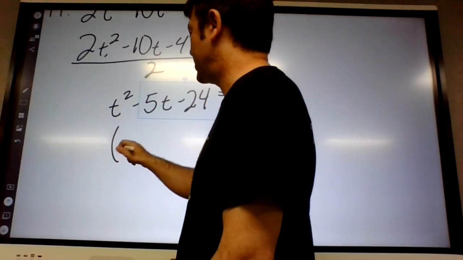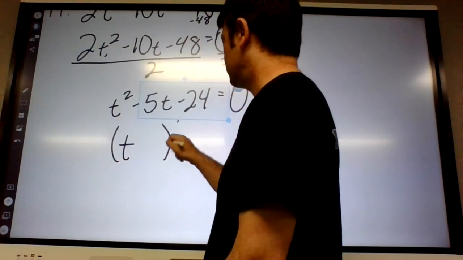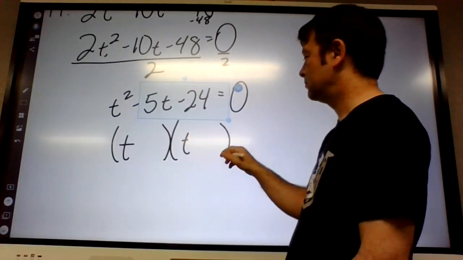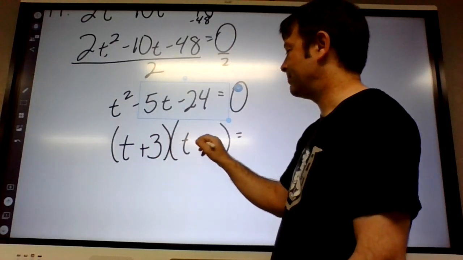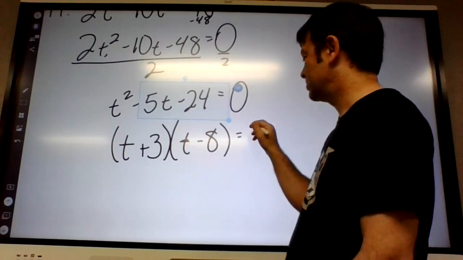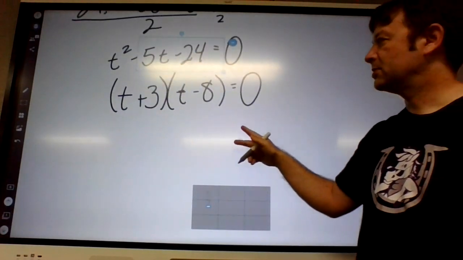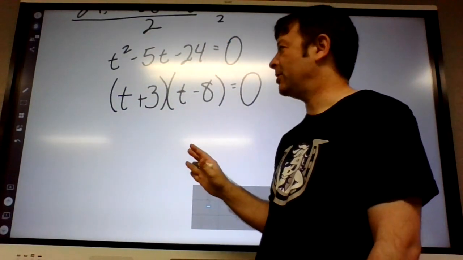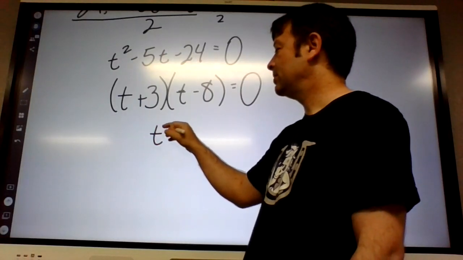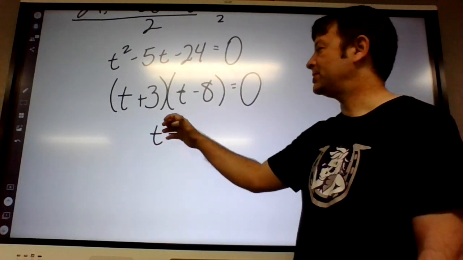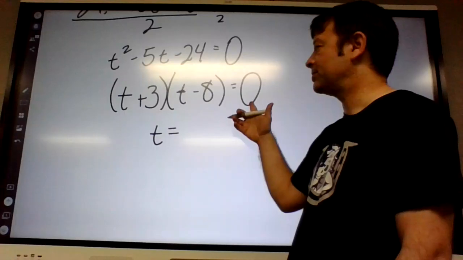So how do we get them to add up to -5 though? 3 and -8. So +3 minus 8. Again, if you aren't sure about factoring, you can always use the quadratic formula. You get the same answer. What t values make this equal 0?